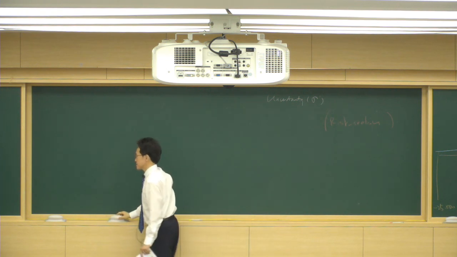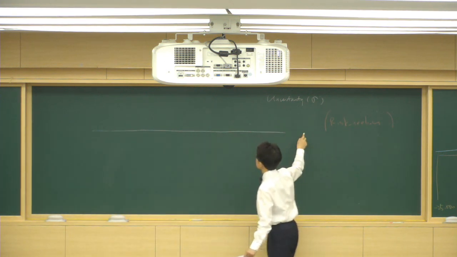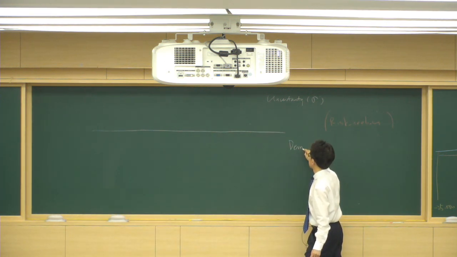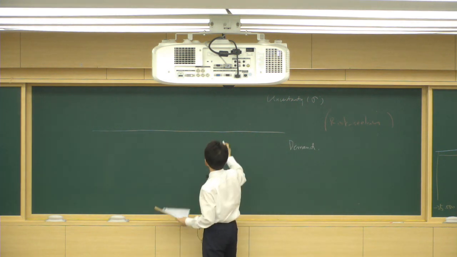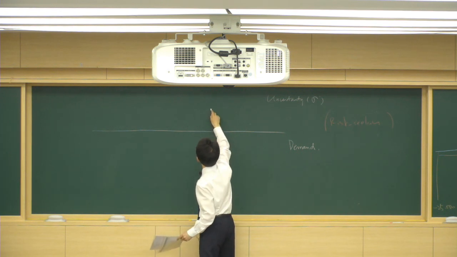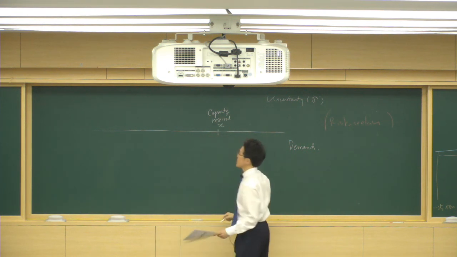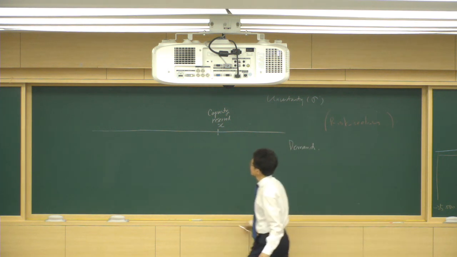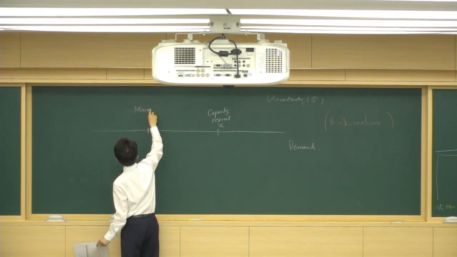It's a little bit complicated, but let's say we have some line. Let's call that demand. And there are two things. First, I reserved capacity. That's X, capacity reserved X. And then this is the minimum capacity I have to buy.